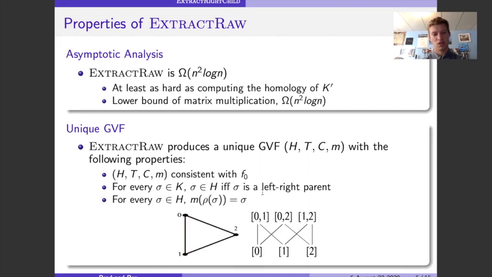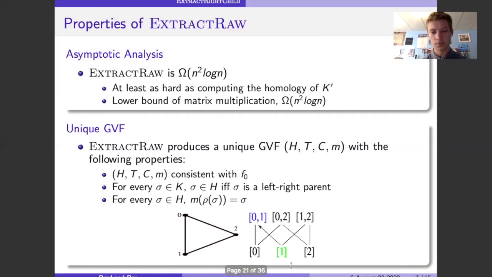Maybe to help visualize this, if our simplicial complex is just this little cycle here, and here's its corresponding Hasse diagram, every single match that Extract Raw is going to produce is going to be between the smallest possible lexicographically valued parent node and then its largest lexicographically valued child node.